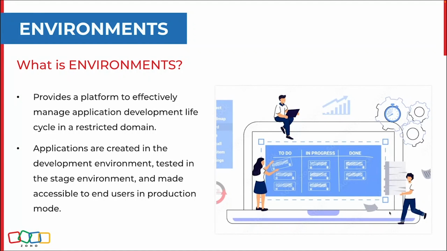Adding to it, Creator's previous versions, C5 and C4, had a feature called Sandbox, which supported development and production modes separately. However, now environments, which we would call an upgrade, has three stages. So we would like to call it the evolved version of Sandbox with all the new Creator features.